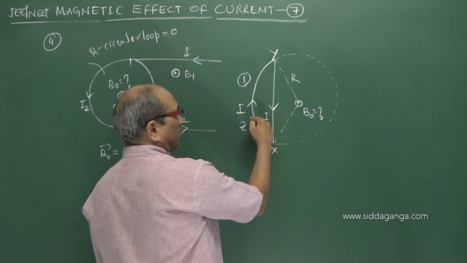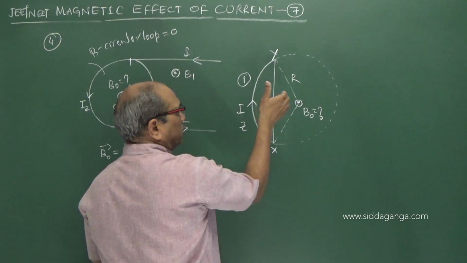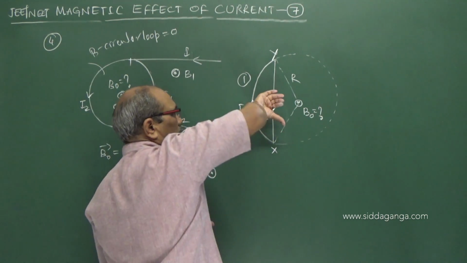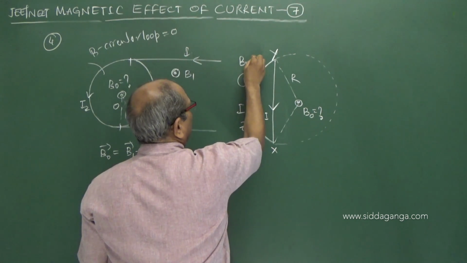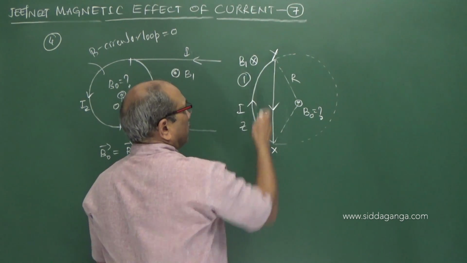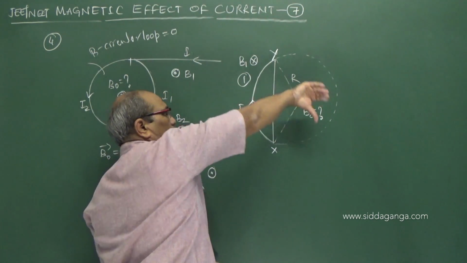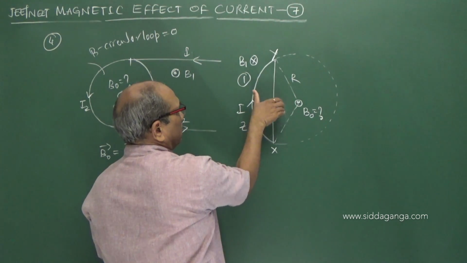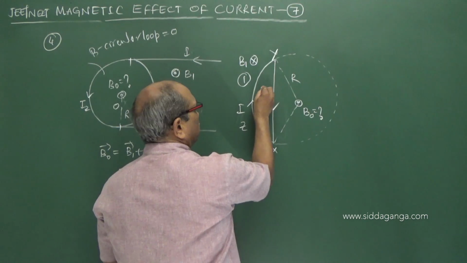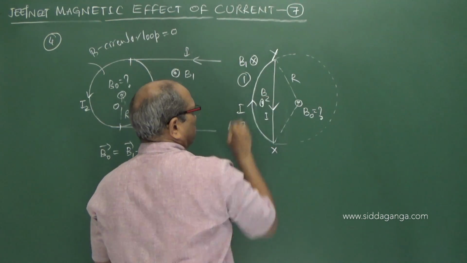Here, if you see the current, it is moving clockwise, the field is into the board. But this gives you out of the board. B1 is into the board, whereas the downward current is towards that side. So this is upward current, but it is outward, B2.